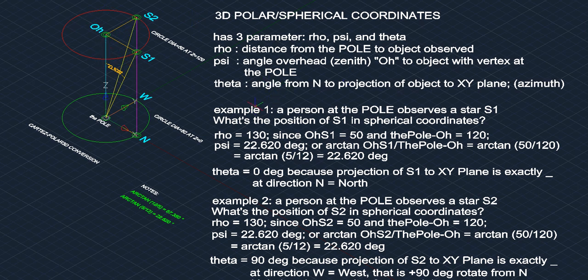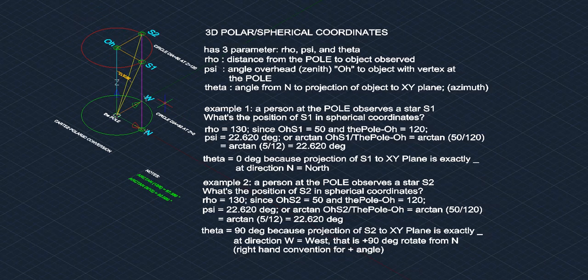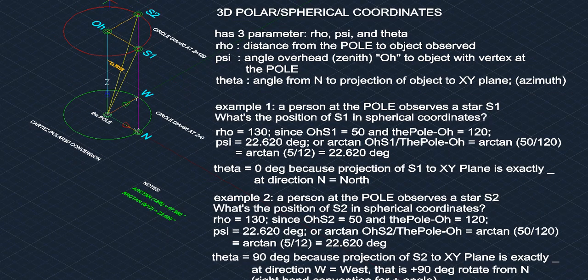It is 22.62 degrees because the arctangent is 50 over 120. Okay, then what's the theta of S1? You see the projection of S1 to this plane is at direction N. Direction N is 0 degree.